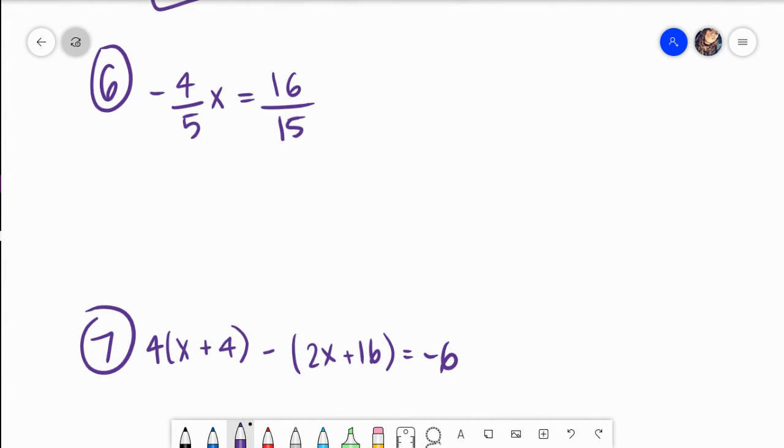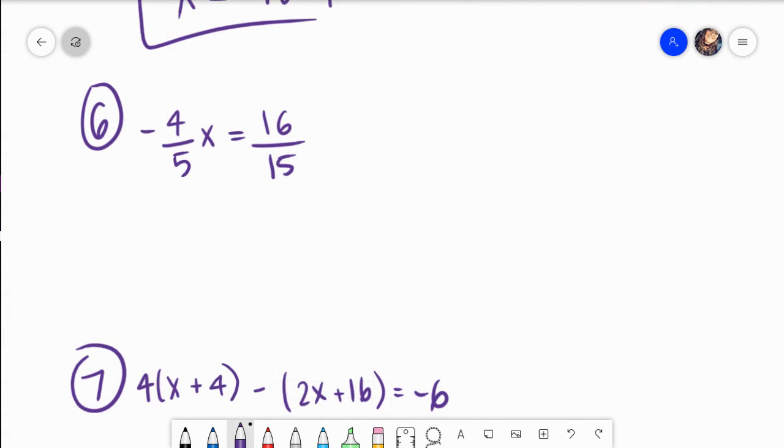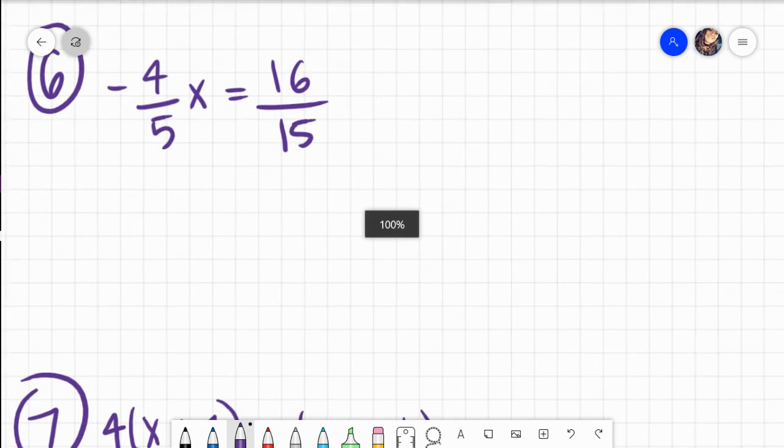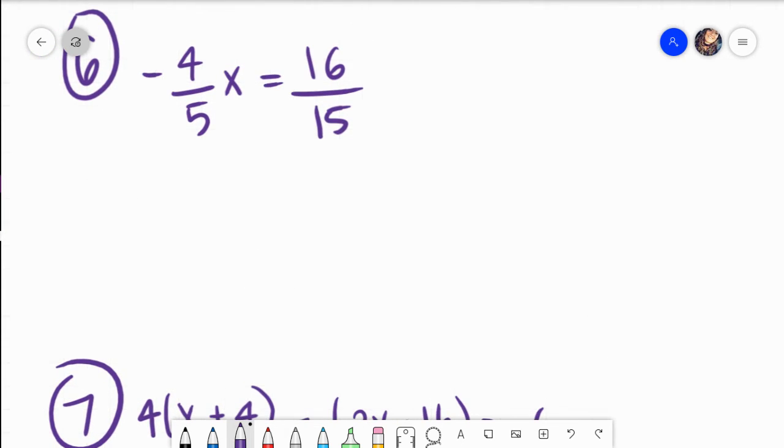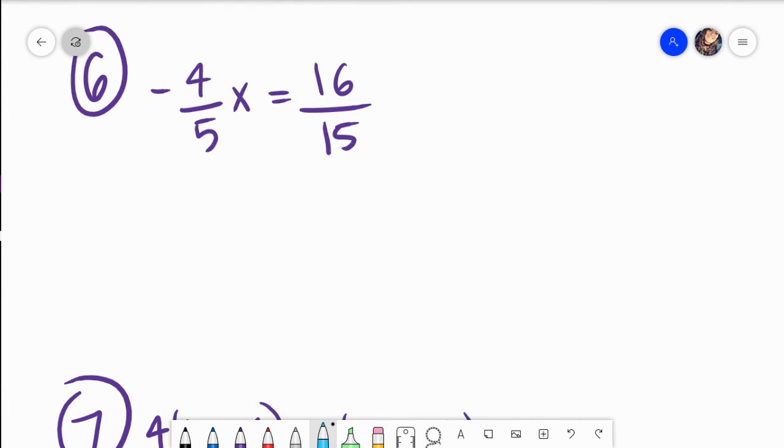Okay, so this one looks even a little bit more different. You could actually just look at it this way. I have a fraction multiplying my x. It's a negative fraction. And I know that I do not want anything near my x. So I need to do the opposite of what's happening here, right?